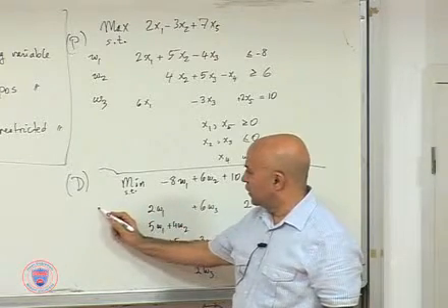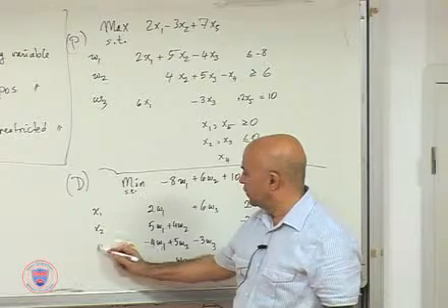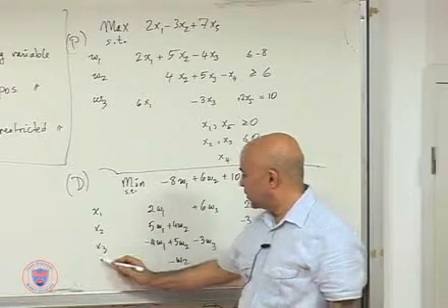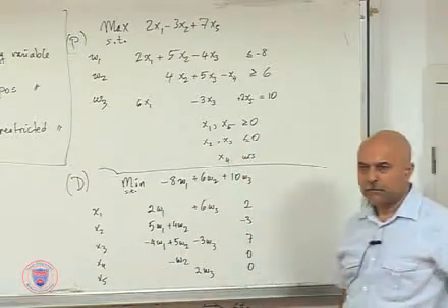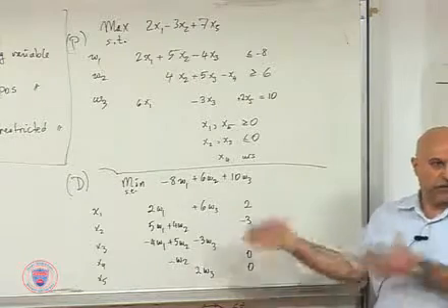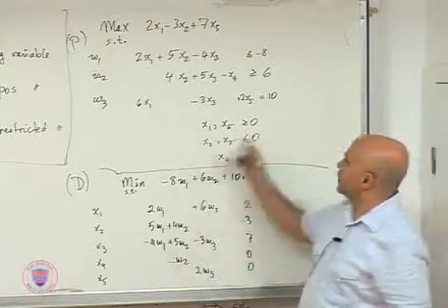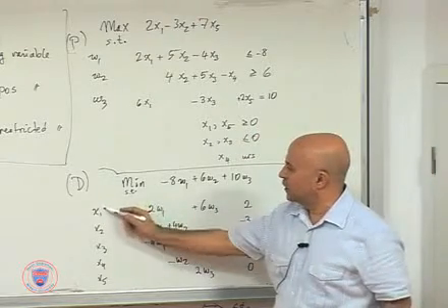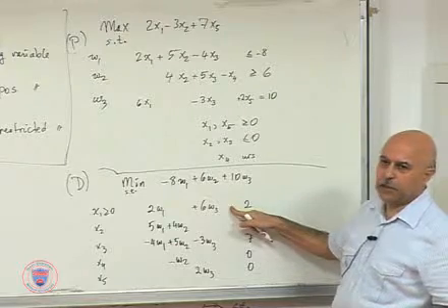Now the variables associated with these constraints are x1, x2, x3, x4, and x5. Okay? If you're moving from the dual problem to the dual of the dual, which is your primal, x1 in the original problem is a non-negative variable, which means that this constraint is supposed to be in the canonical form.